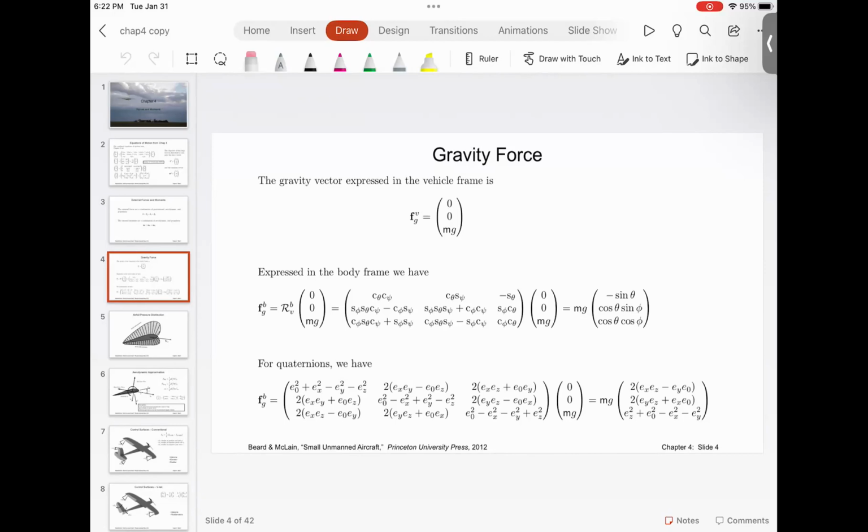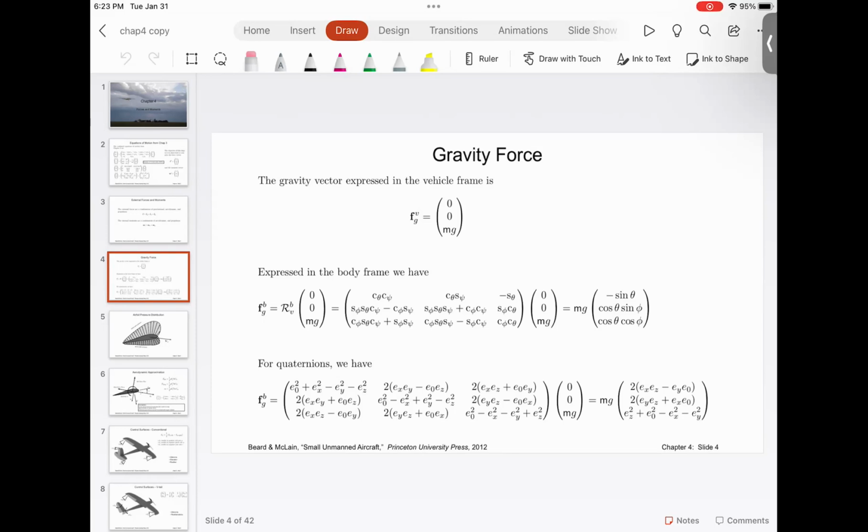If you have the gravitational force acting in the z direction, at the end of the day, I want you to understand all our equations, the 12 equations that I showed you, are expressed in the body coordinate frame, which means the gravitational force which is in the vehicle frame needs to be transferred to the body frame.